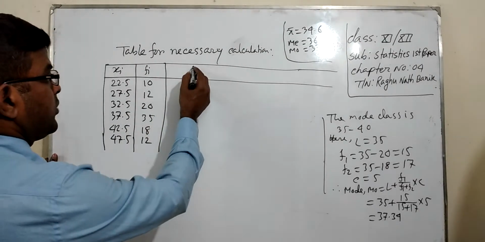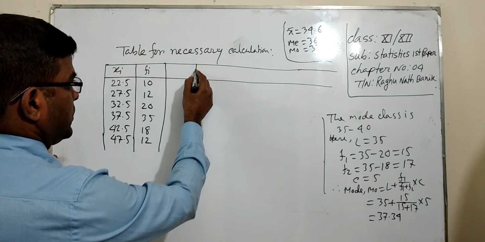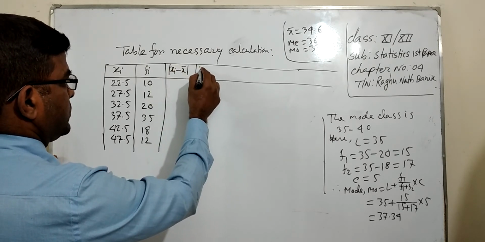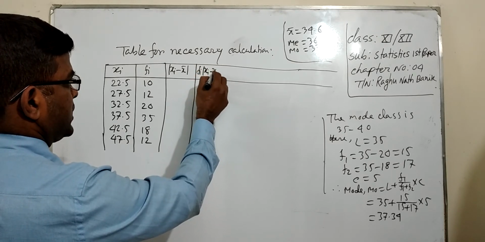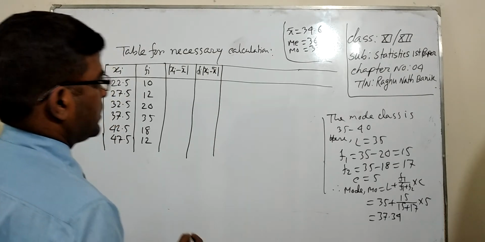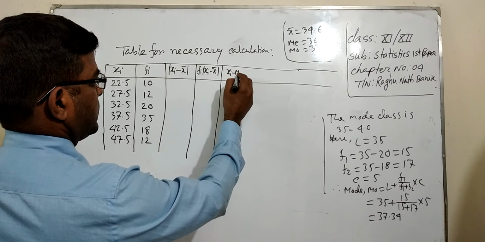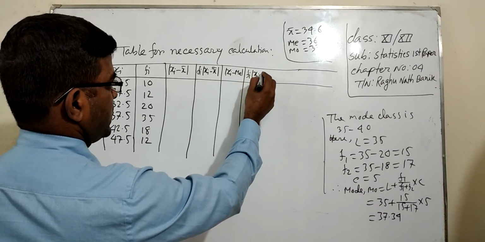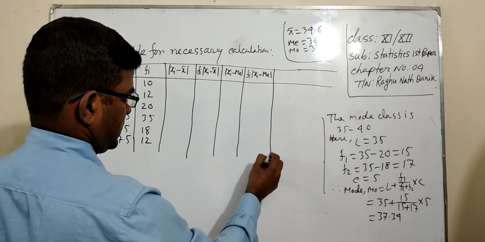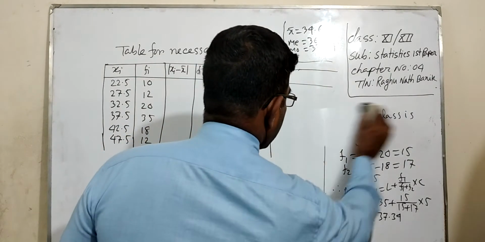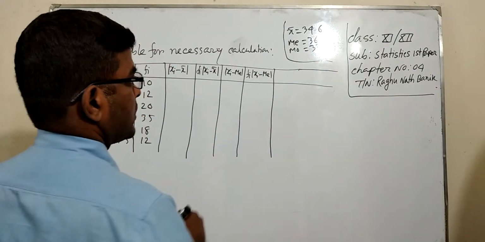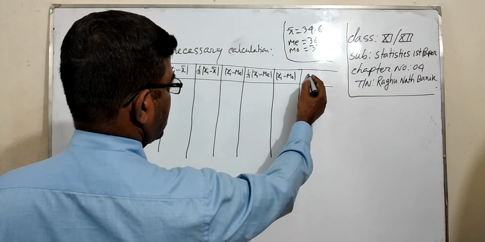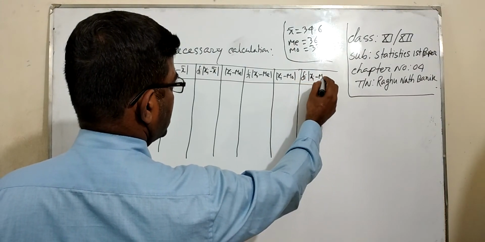Then modulus of Xi minus x bar, Fi into modulus of Xi minus x bar, modulus of Xi minus median, Fi into modulus of Xi minus median, modulus of Xi minus mode, and Fi into modulus of Xi minus mode.